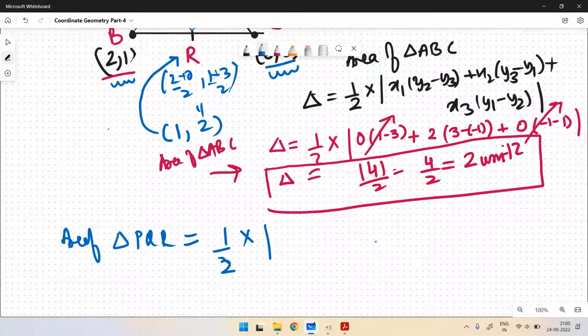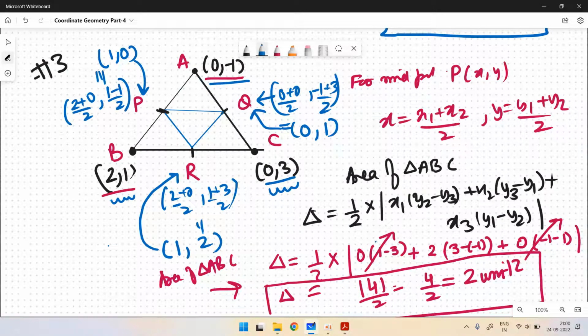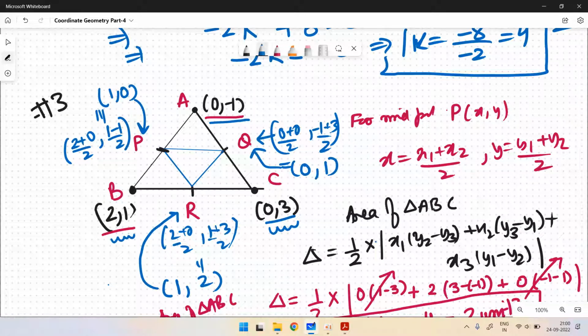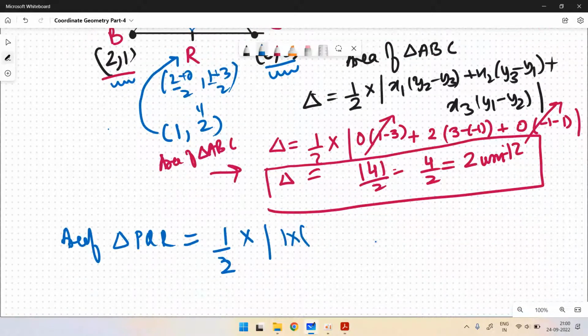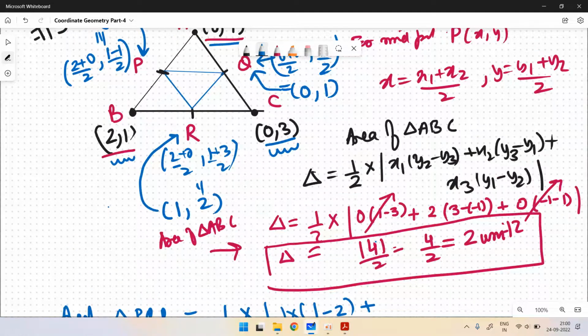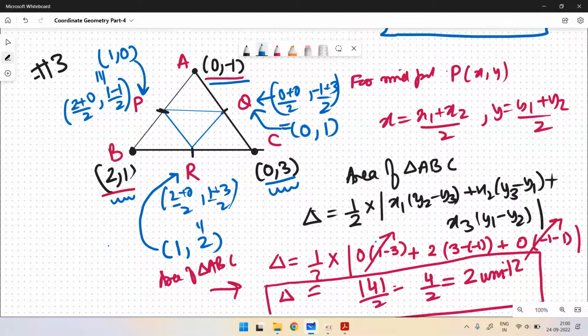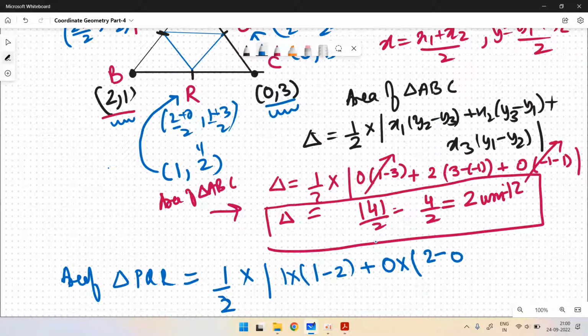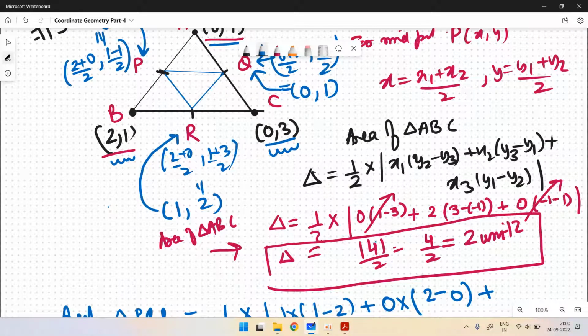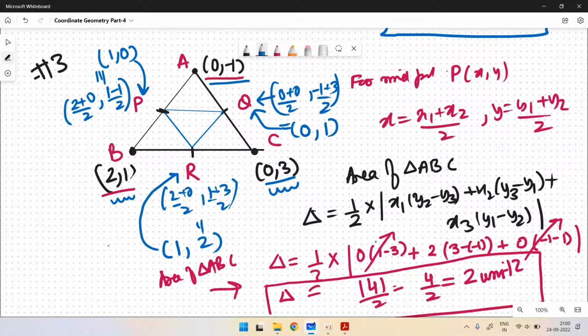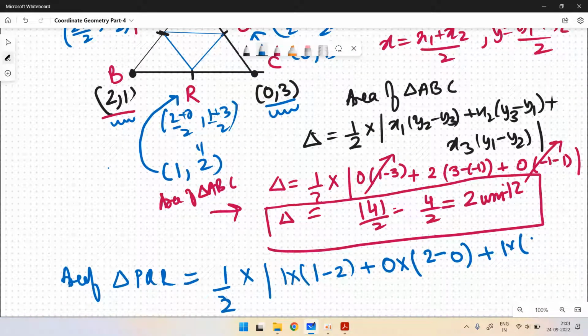So 1 into y2 minus y3. y2 is 1, and 1 minus 2, plus x2. x2 of Q is 0 into 2 minus 0, plus x3 is 1 into y1 minus y2. y1 is 0 and y2 is 1, so 0 minus 1, mod.